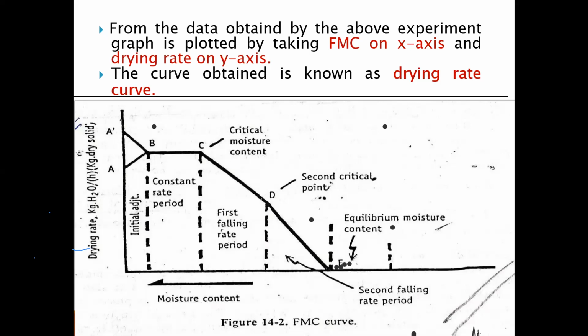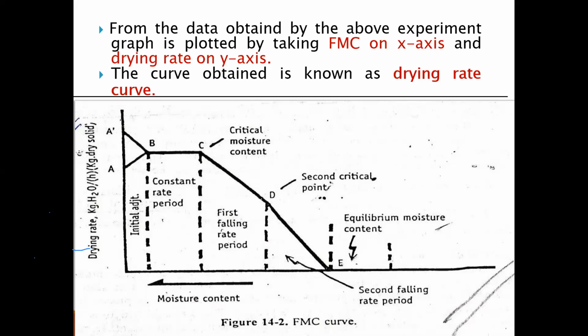After some time, what will happen? The temperature is stabilized, and the heating and cooling are equal. The temperature is equal for the wet substance as well as the dry air.